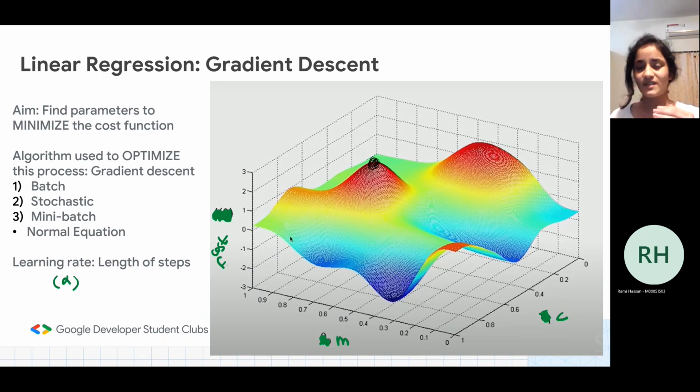It takes small steps; it doesn't reach this point directly. The learning rate is the length of the steps that it takes, like this, like this, like this, if it has to go towards that minimum. This length is fixed. That is called the learning rate.